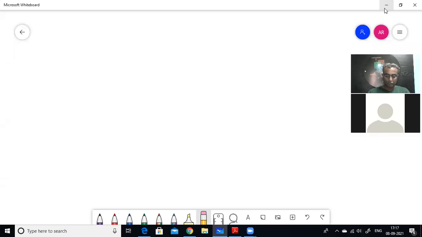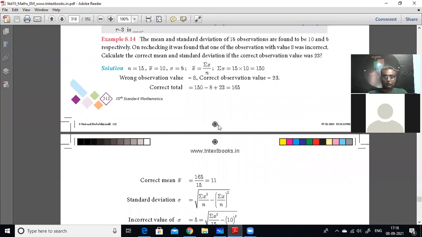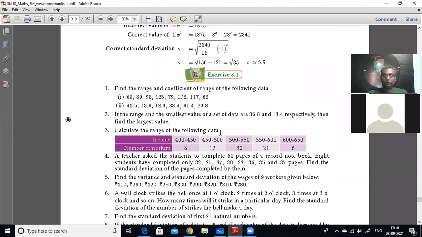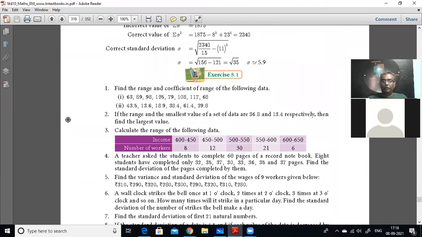You are blinking. What is the formula for range? Can you see this thing? Formula of range. I'm not able to hear you properly, Kaushik.